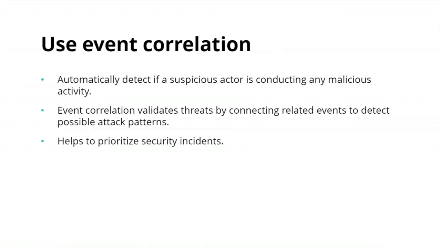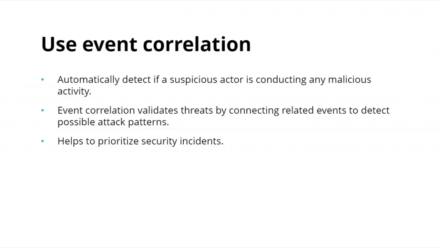Another useful feature of SIM solutions is their ability to detect suspicious activity patterns by correlating network events from various devices. Sometimes you may want to ensure that a malicious actor is actually engaged in some suspicious activity before you launch any response measures. So event correlation comes in useful here.